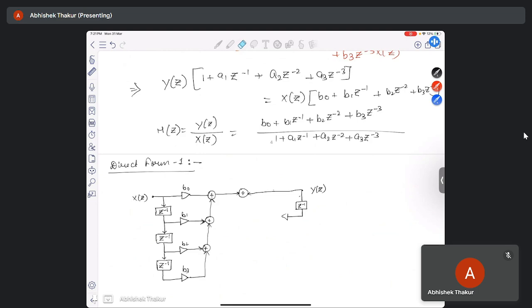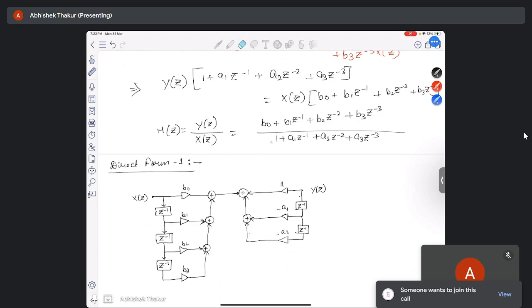So here it will be 1. This will be minus a of 1. And the second addition is a of 2. So again we will put the delay unit, minus a of 2.